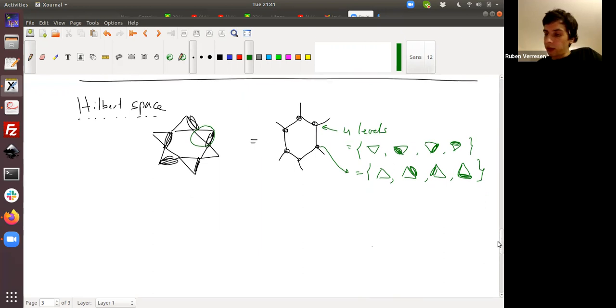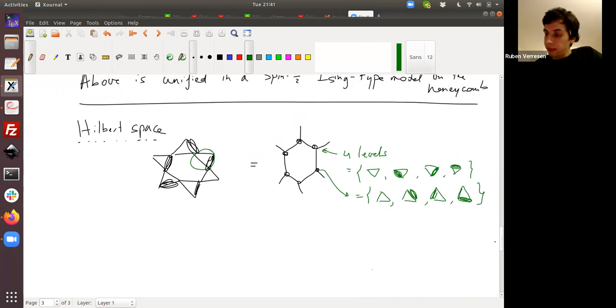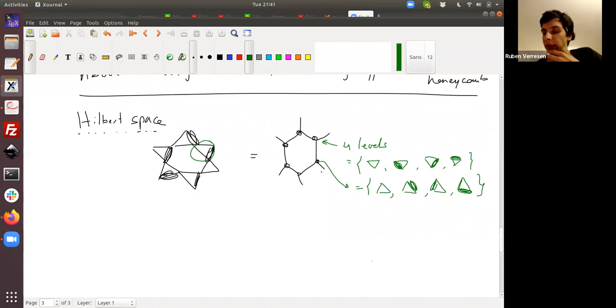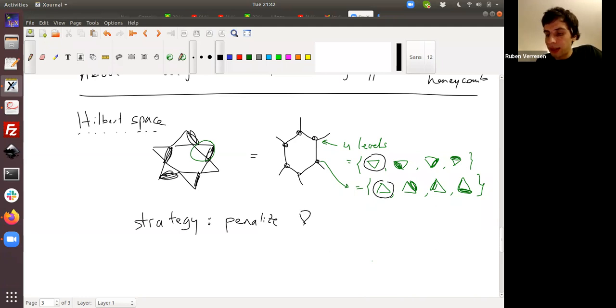Now, by definition, this is a tensor product Hilbert space, but I was just emphasizing the fact that dimer models are not tensor product Hilbert spaces. And indeed, this space has too much, right? So our strategy will be to energetically penalize the states which screw up our Gauss law. For example, if I have this one and this one, that would look like this.